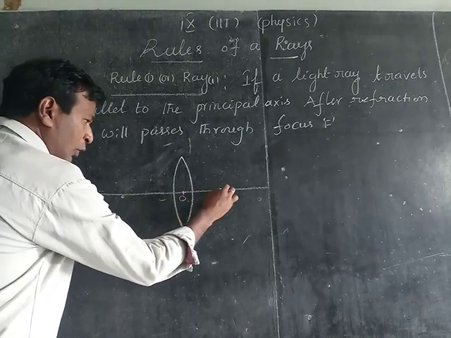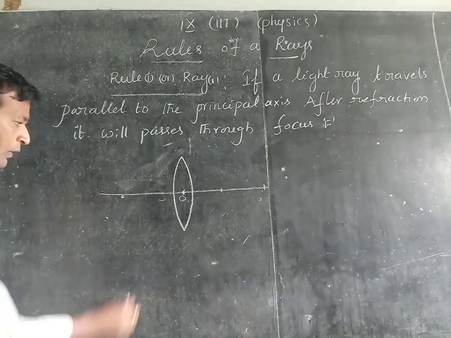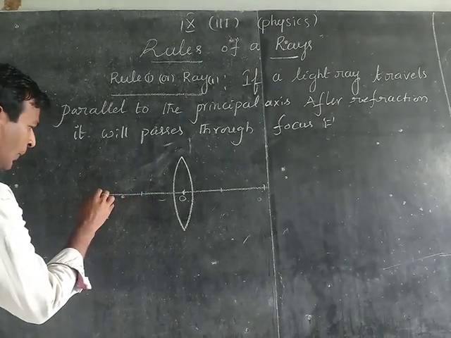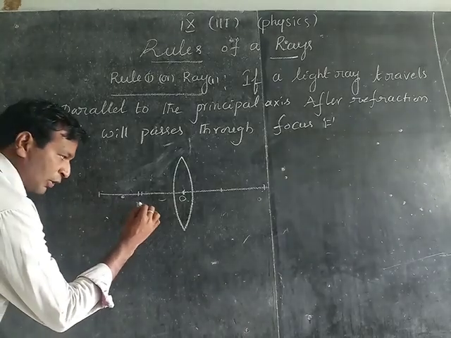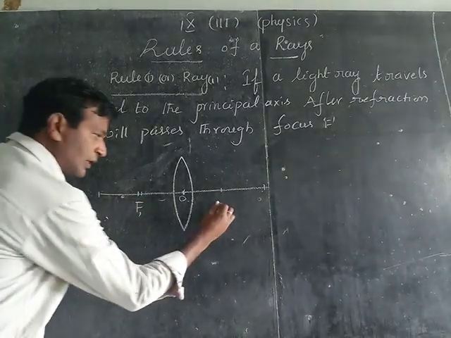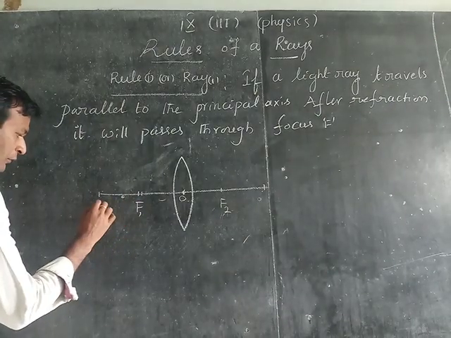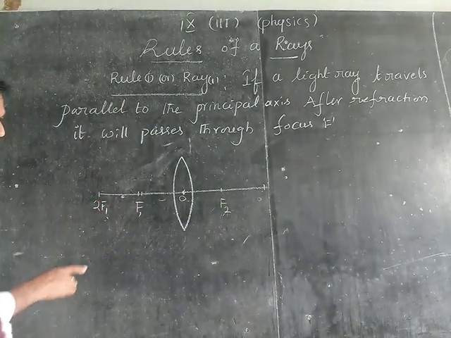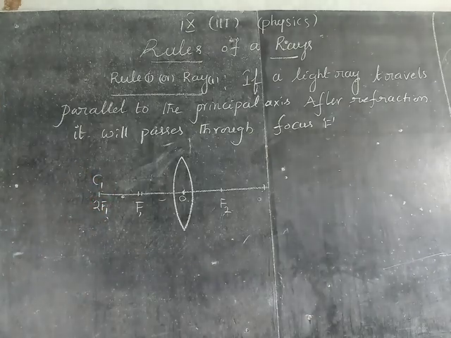Now mark equal distances. This side also you have to maintain equal distances. This is the first focal point. This is the second focal point. F1, 2F1, in the sense C1, first center of the curvature.